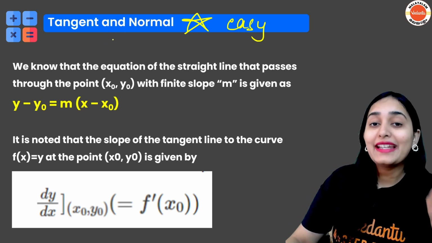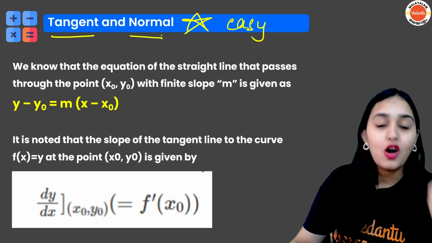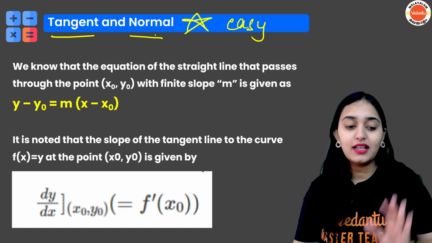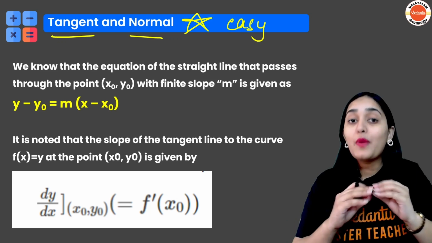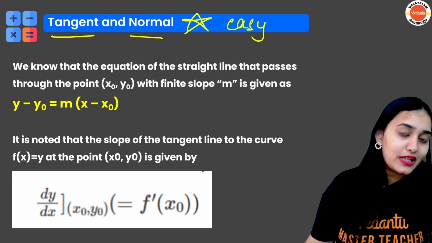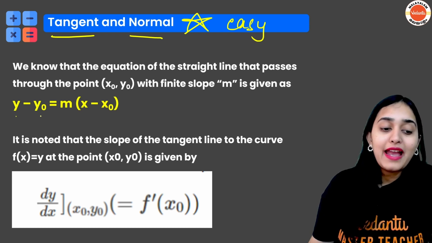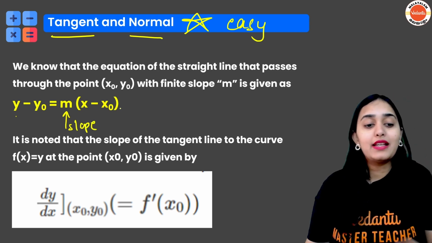How to find equation of tangent and normal of a line. Now, step number 1. The equation of any line is written how? So you basically write equation of any line as y minus y naught is equal to slope. This is called as slope into x minus x naught.